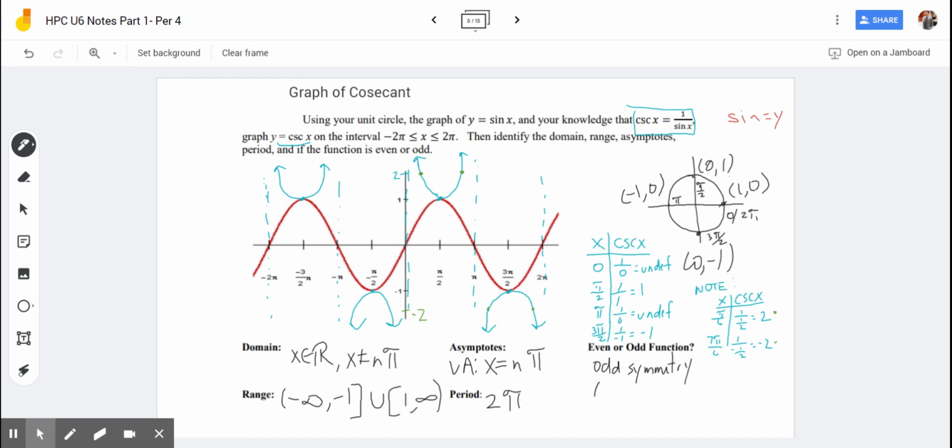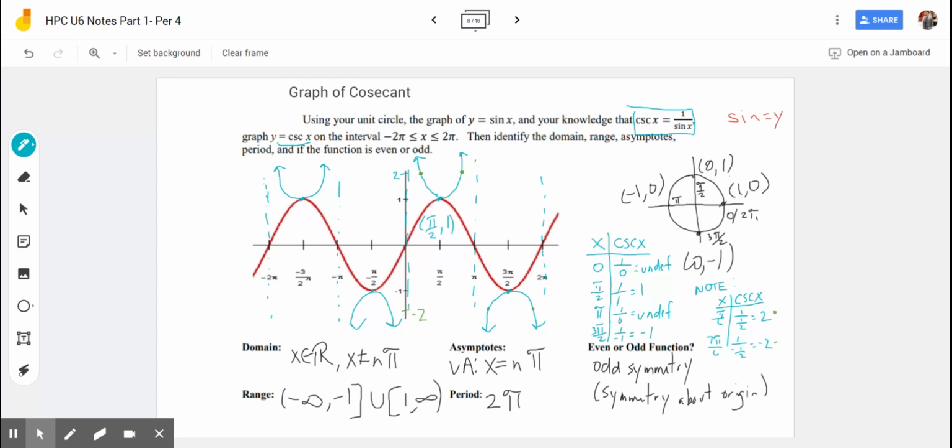There's symmetry about the origin. And probably the most telling coordinate here would be pi over 2, 1.